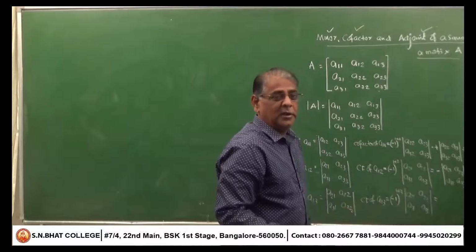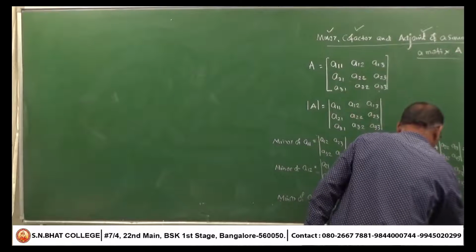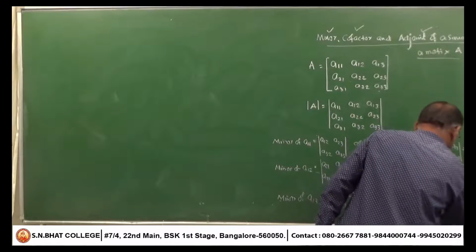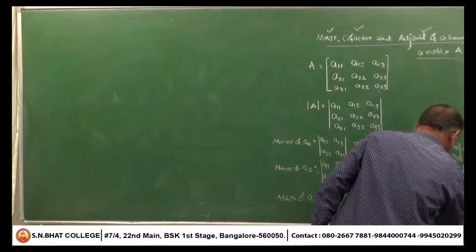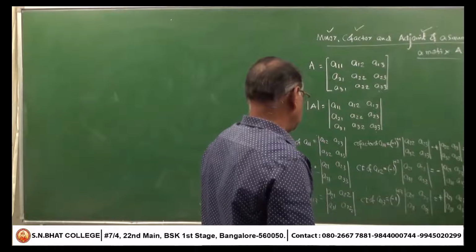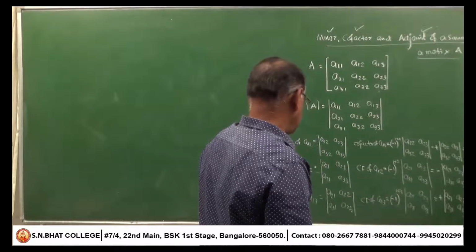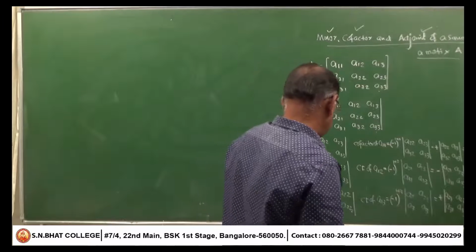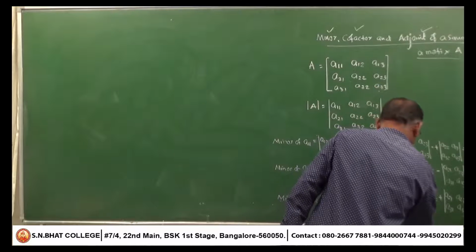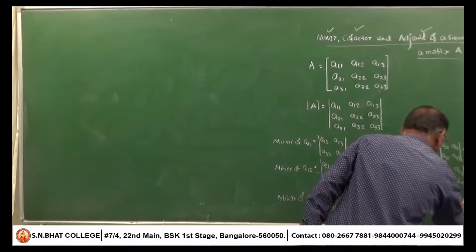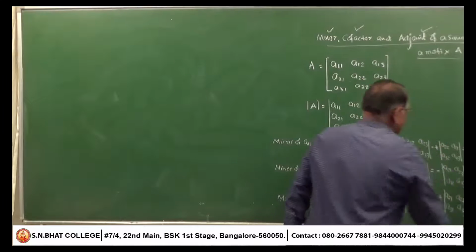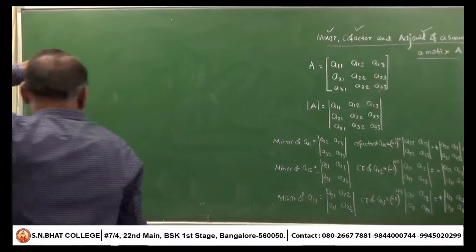Minus 1 whole power 4 is plus the determinant of A21, A23, A31, A33. This is capital A13, denoted by capital A.